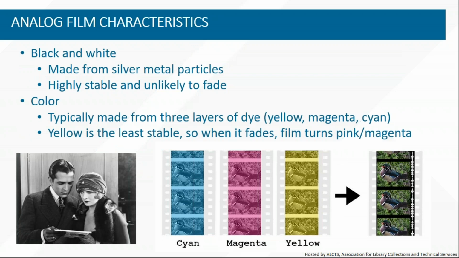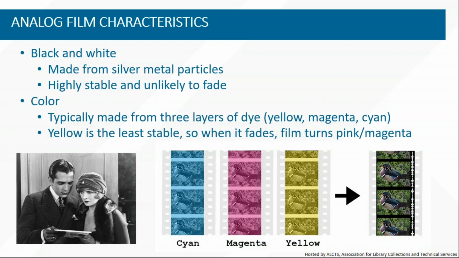So the major characteristics of film include what is its color, if it has color. Is it black and white? Is it color? And if so, is it, let's say, a special kind of color?